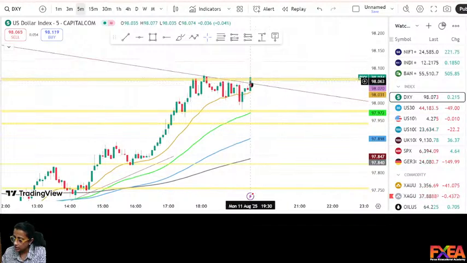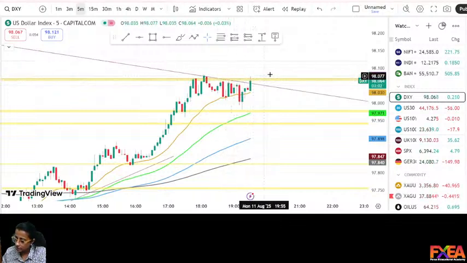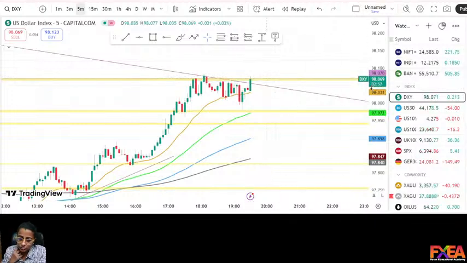The dollar index has crossed this zone and this trend line, showing some green or bullishness in the dollar index, supporting our selling direction. So let us see whether gold will respect our trade or not.